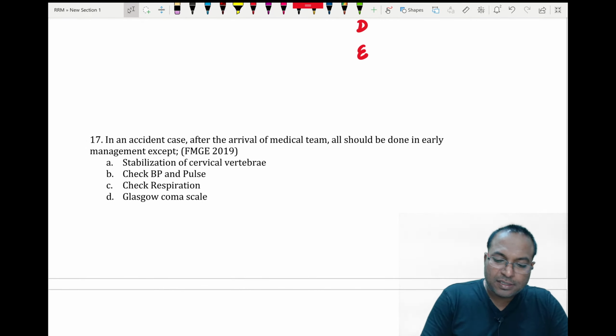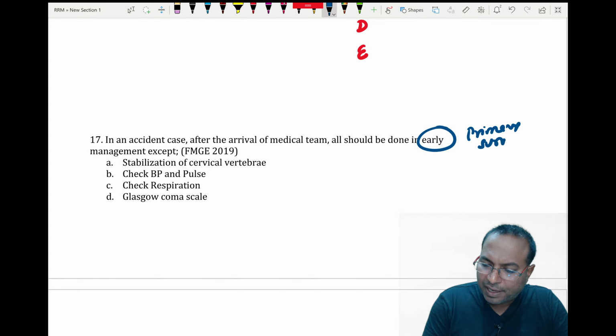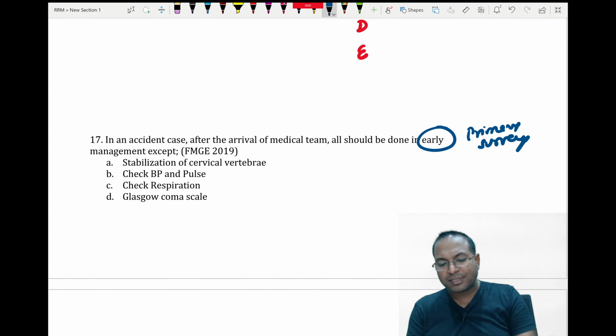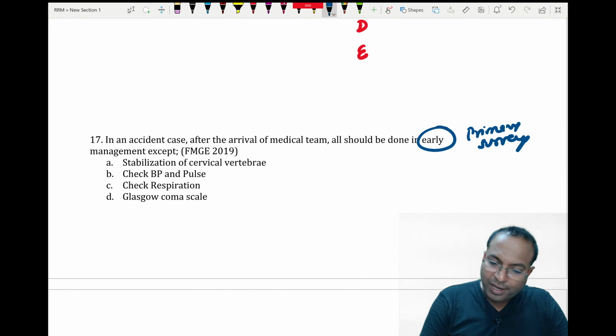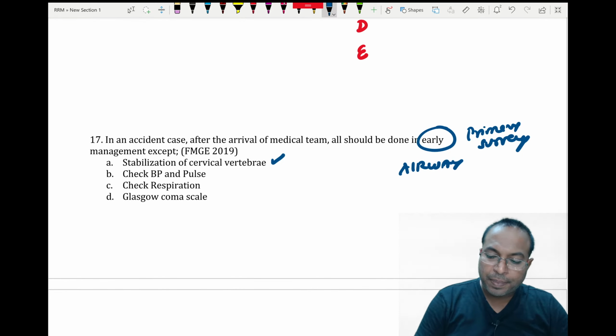In an accident case, after arrival of the medical team, what is done in the early management, that is, in the primary survey? You can see how the same question is repeated in various forms. Here again, in a primary survey, what is not done? We stabilize the cervical vertebra, so as part of airway we put a cervical collar.